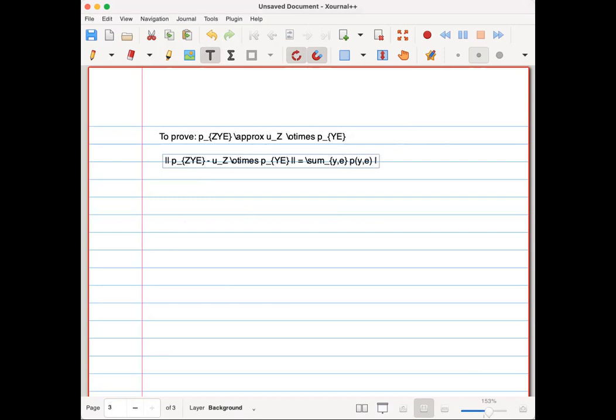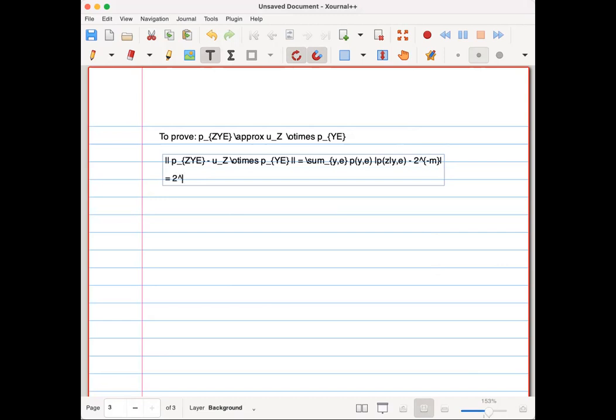And then this is, the uniform distribution of Z is 2 to the minus n. Anyone ask? Now this is equal to, remember Y is independent of everything else.